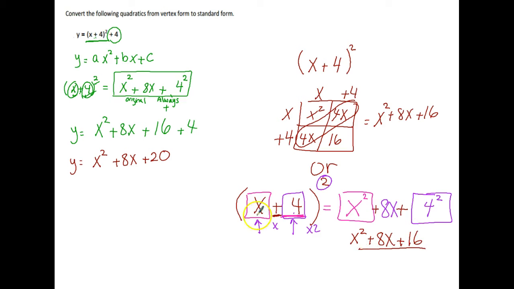So square the first, square the last. First times second times 2. Always a plus, original sign. Okay, this question has a little bit extra challenge where you have a 2 for a. So a is not just a 1, so you're going to have to do an extra step. Again, we need to do the parentheses first.